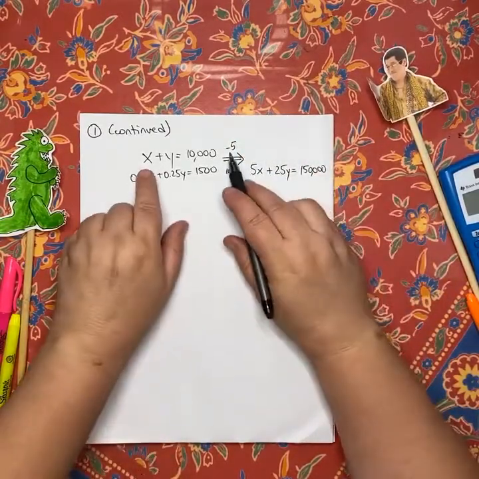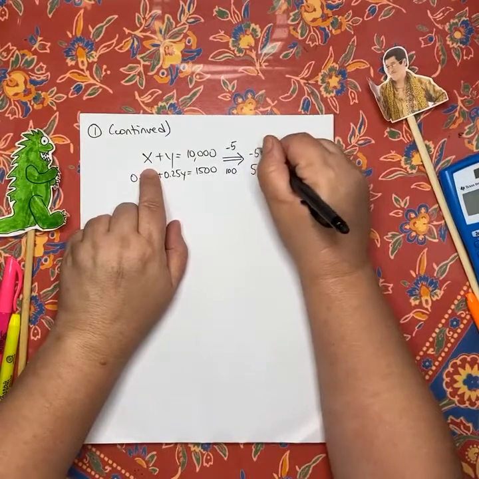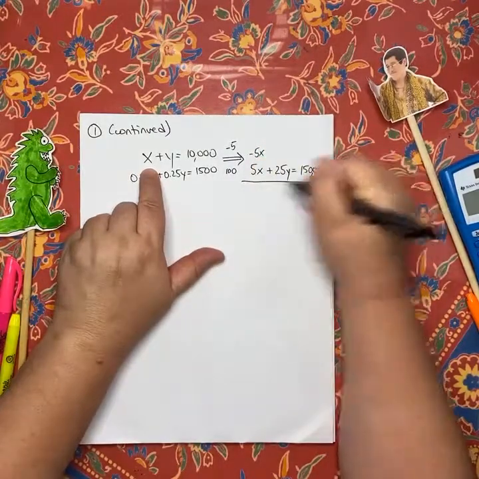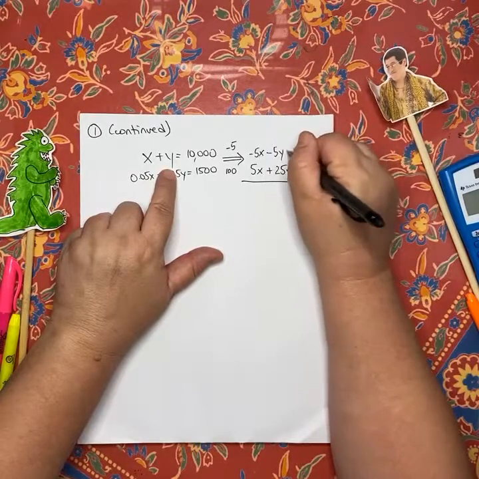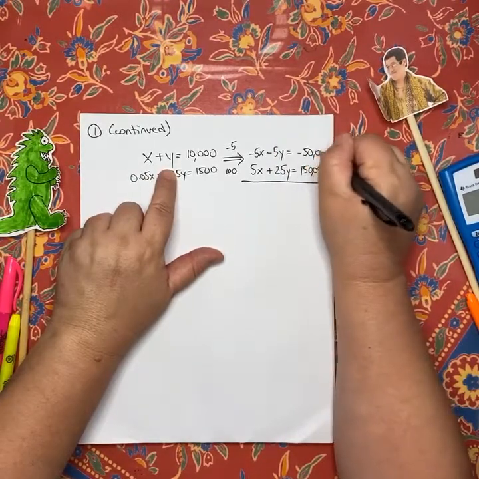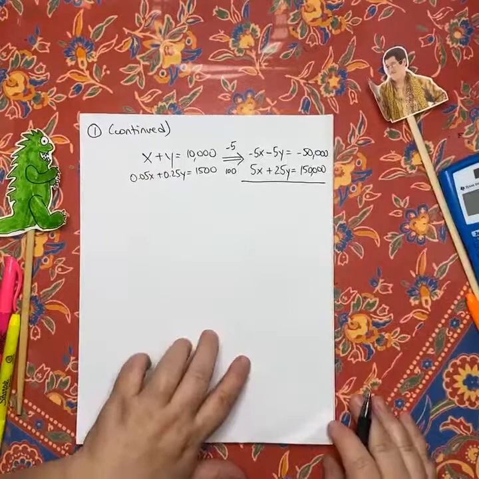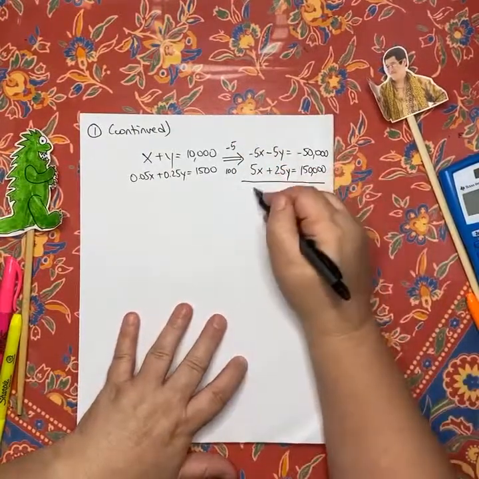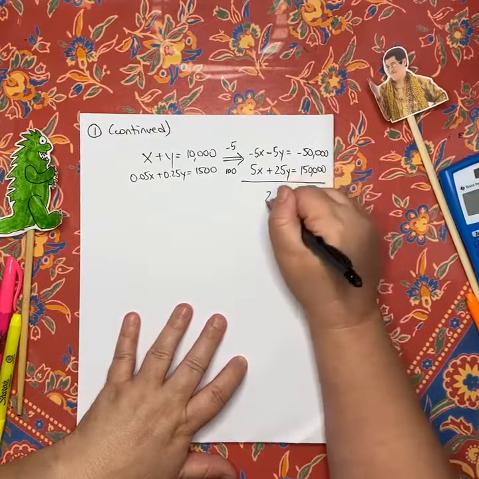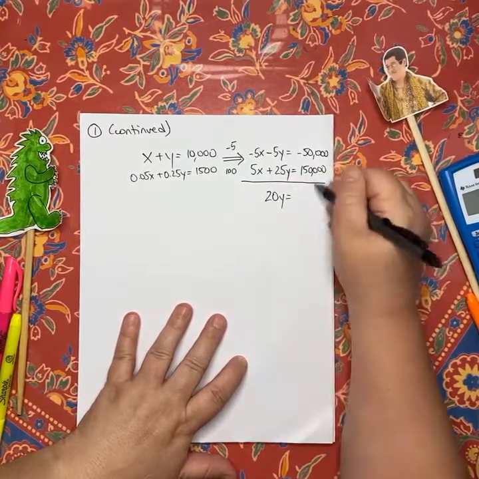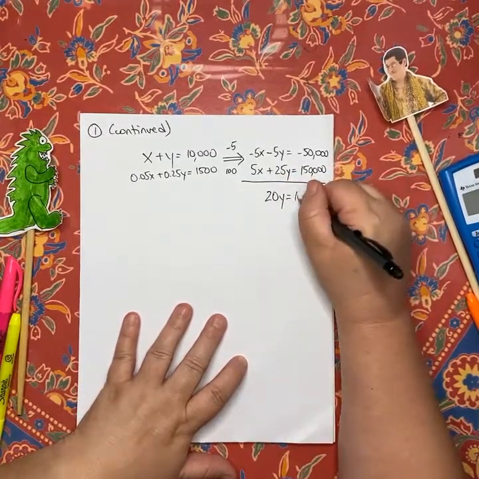What's that going to do? Well, -5 times x gives me that -5x. That's how I'm going to get things to cancel out right here. Minus 5y equals -50,000. So then let's add. This becomes 0 x's. This becomes what? You got it, 20y. And this becomes, you got it, 100,000.